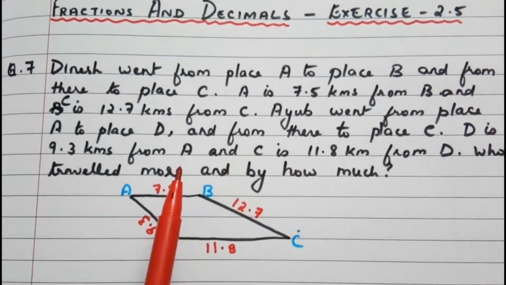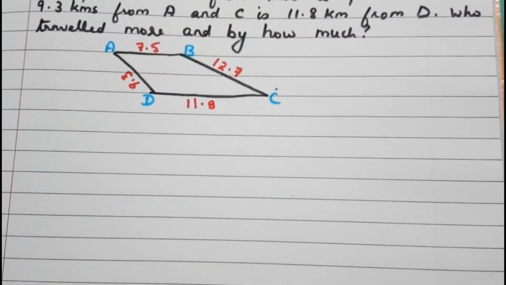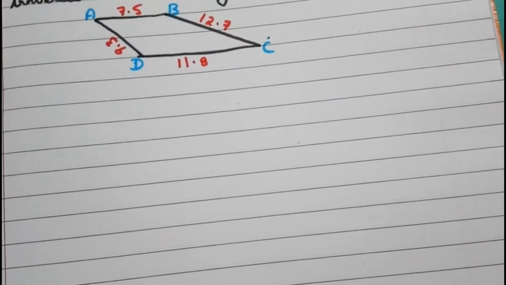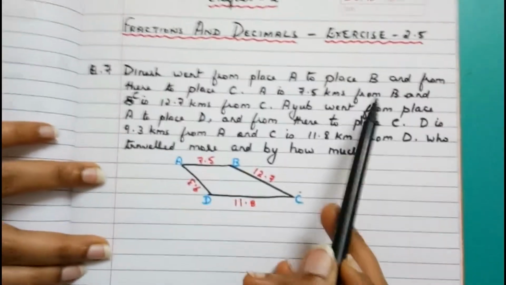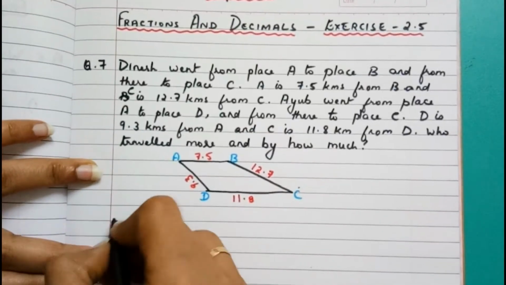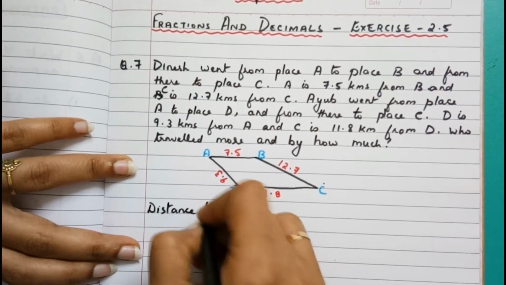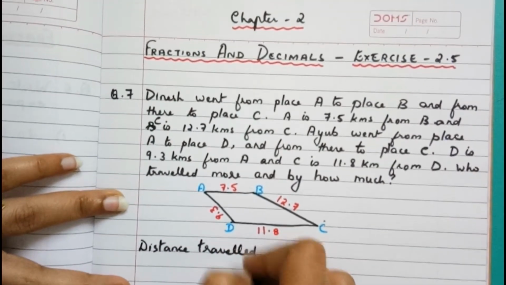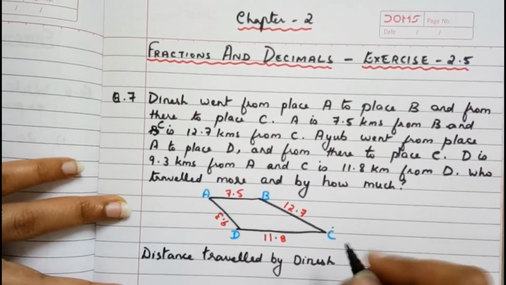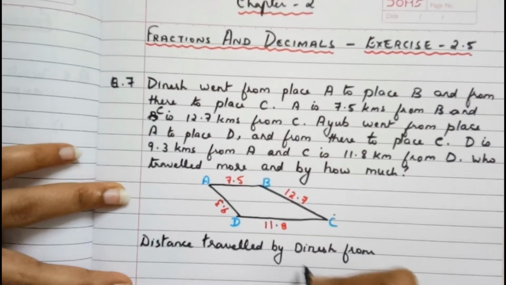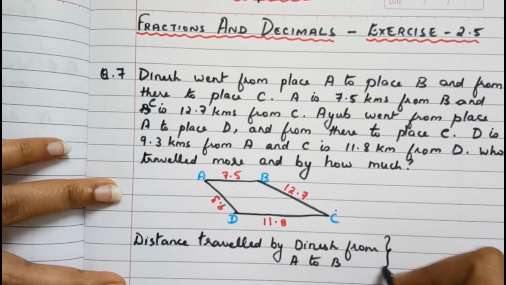Now, since this is the question, we will start with the statement. As for all the word problems, we always write statements. So what would be the first statement? The starting statement here. Dinesh went from place A to place B. So here the statement will start as distance travelled by Dinesh from A to B. Okay.